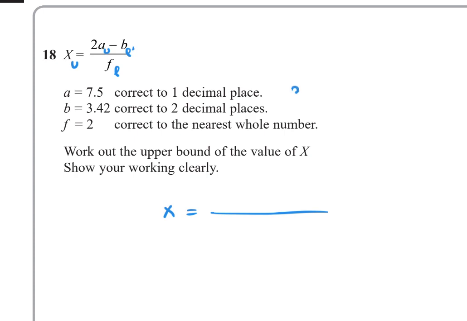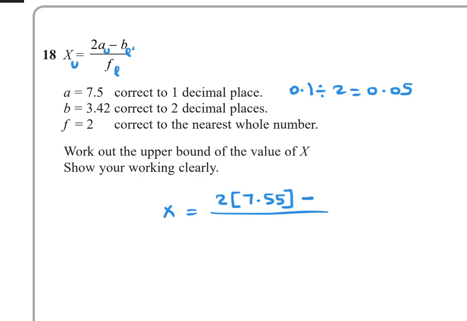One decimal place means 0.1 divide by 2, so 0.05 upper. So add 0.05 to 7.5 to find a upper, so 7.55. Substitute a by 7.55.